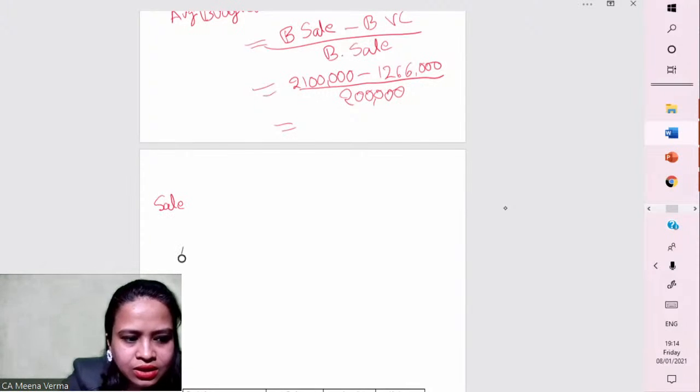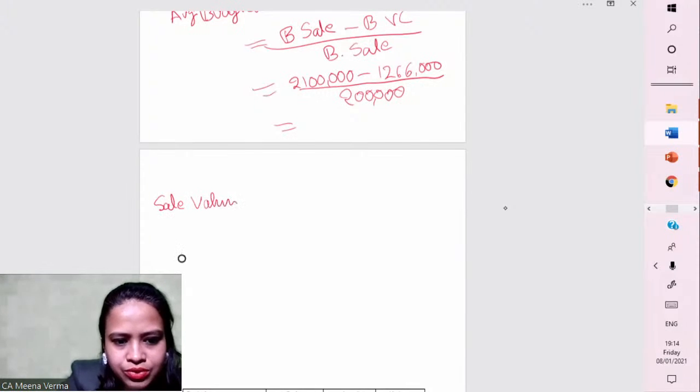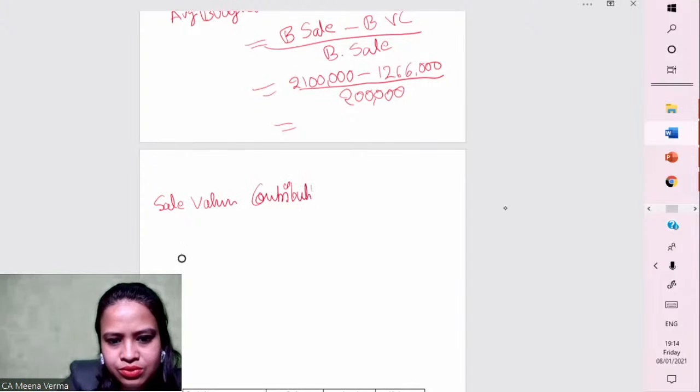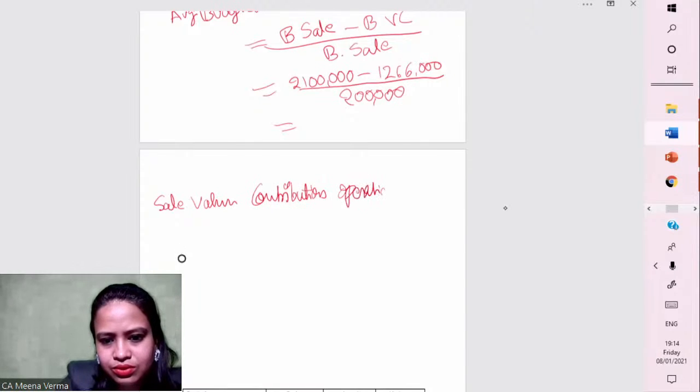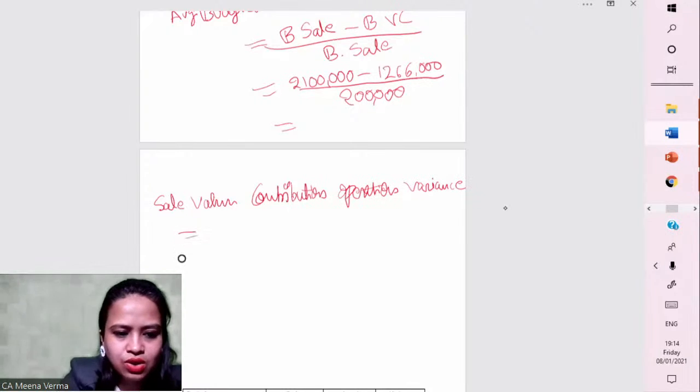Sale volume contribution operation variance. So how will we calculate this value?